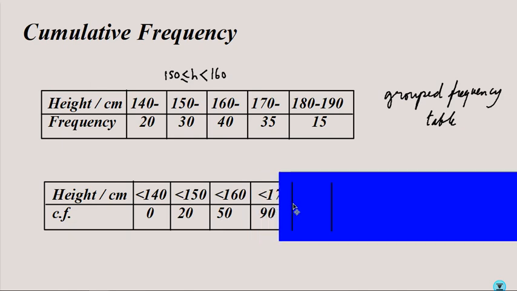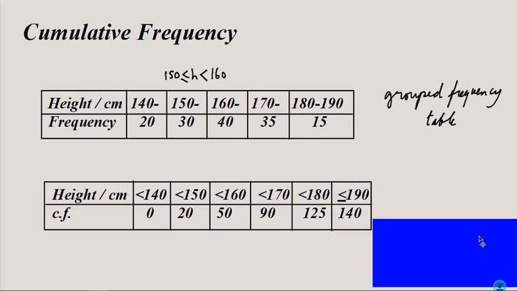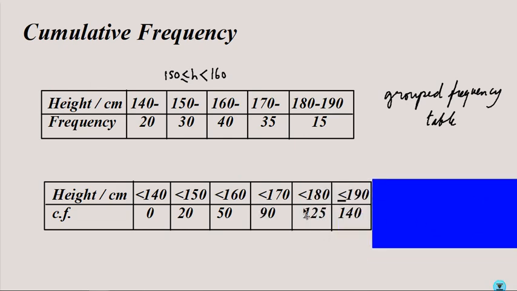And for people who are shorter than 170, we add the 40 to the 50, giving us 90. And finally, we do the same to get those who are shorter than 180. We add the 35, and when we add the 15 to the 125, we get the 140. That tells us that there are 140 people in that club.